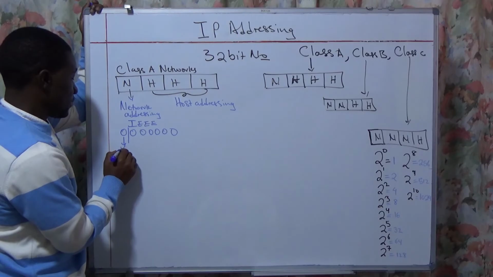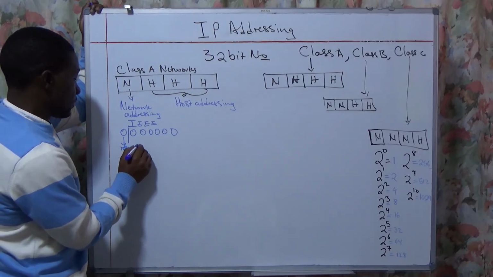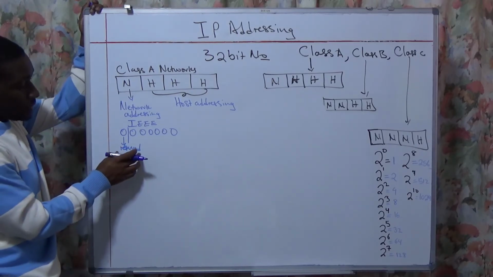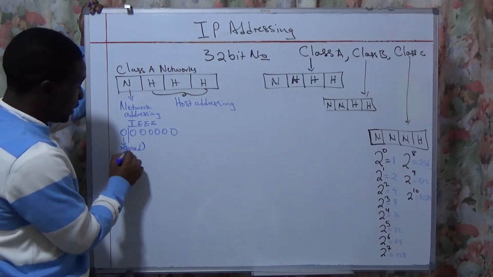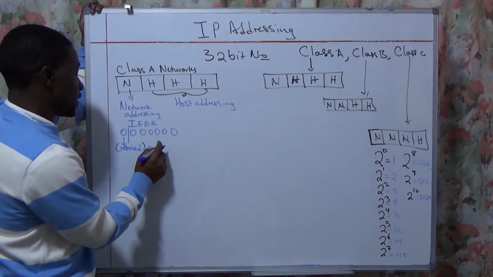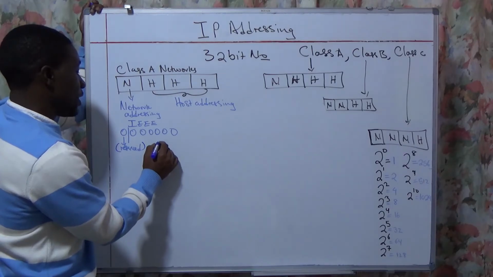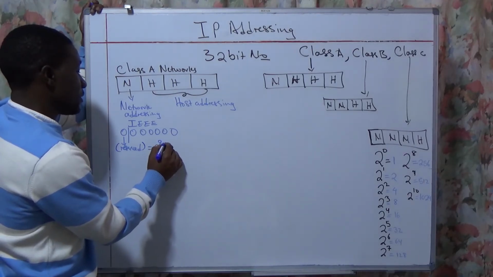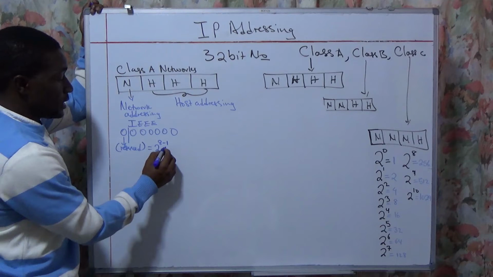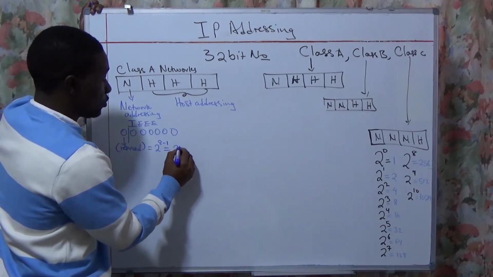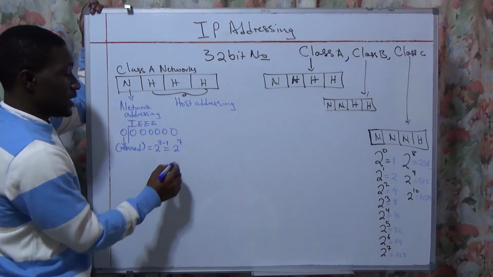Reserved. So since the first bit is reserved, we get 2 to the power 8 minus 1, which makes it 2 to the power 7.